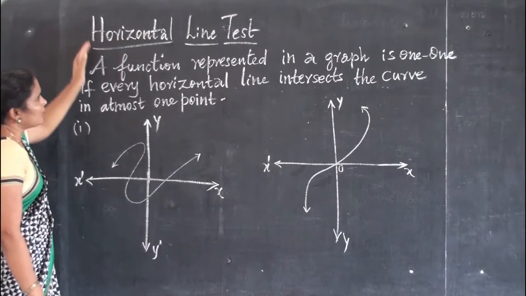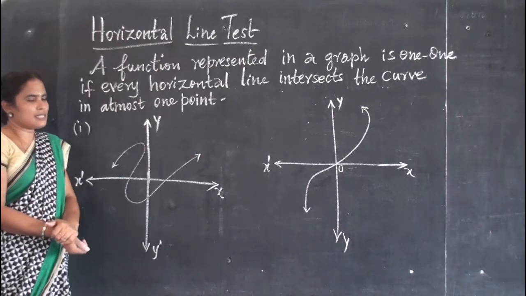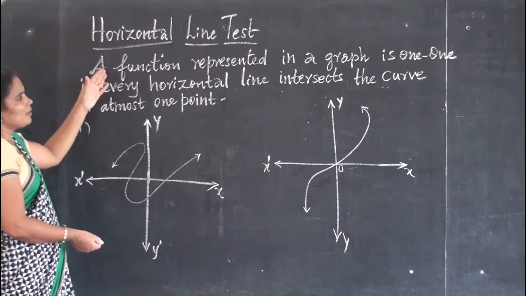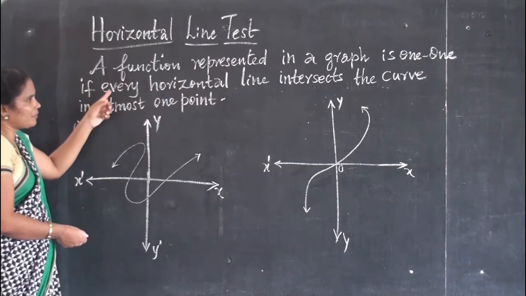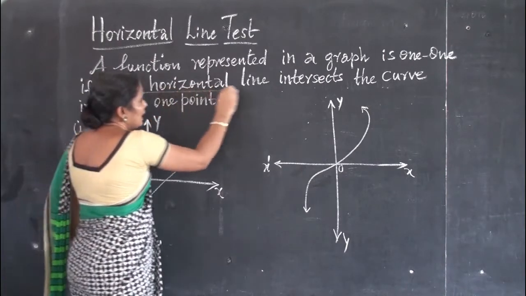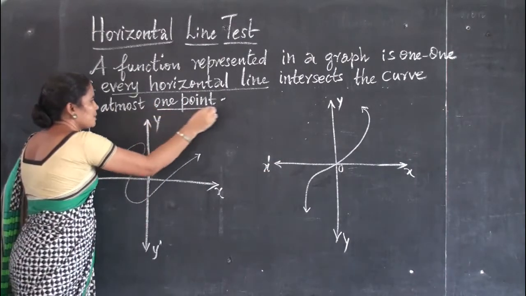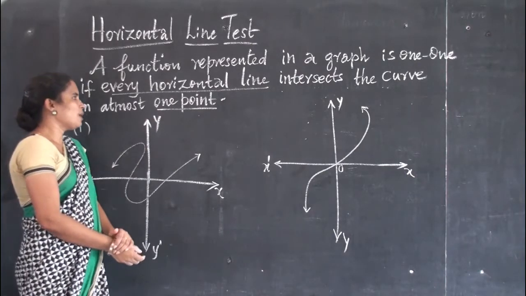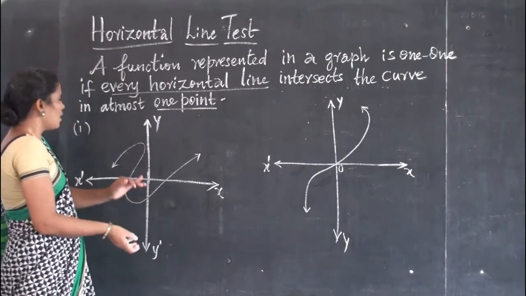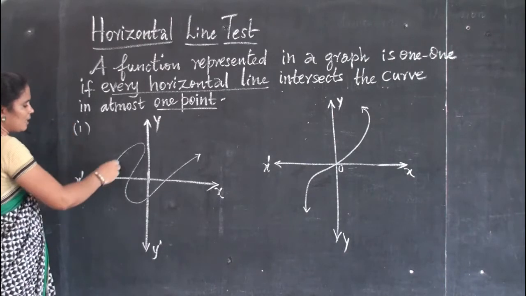Now let us go on with the horizontal line test. As we learned already, what is the vertical line test? The same way, a function represented in a graph is a one-to-one function if every horizontal line intersects the curve at most one point. It must intersect at most one point. Okay, and now let us see the first example here.